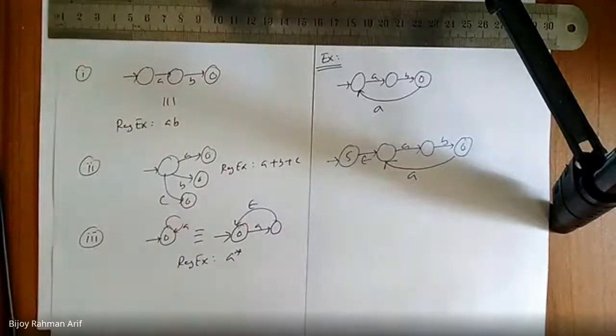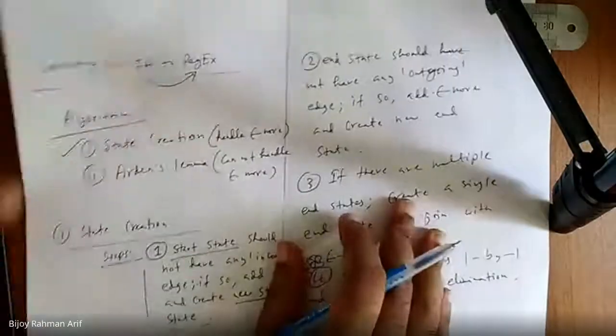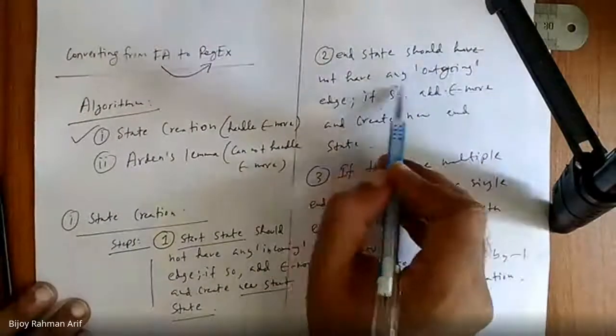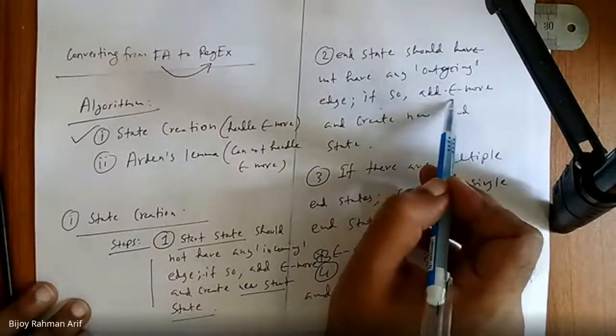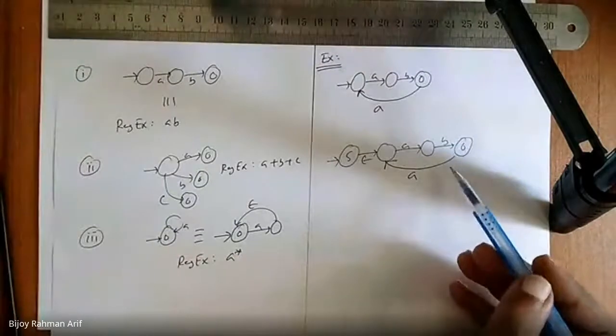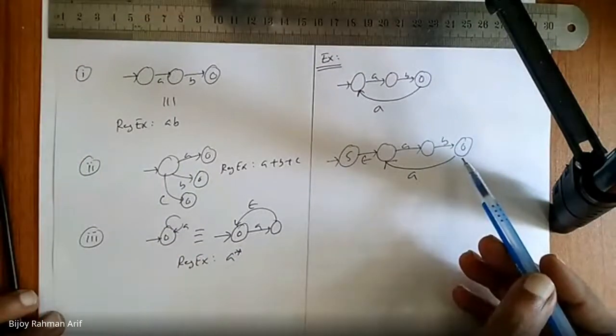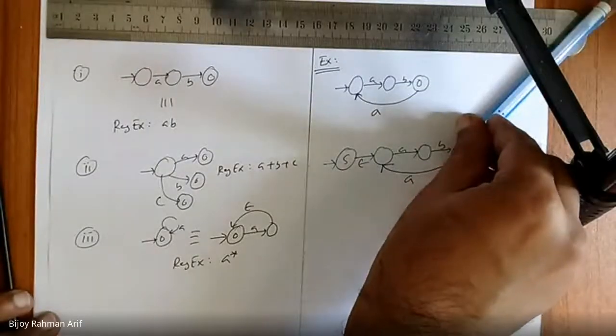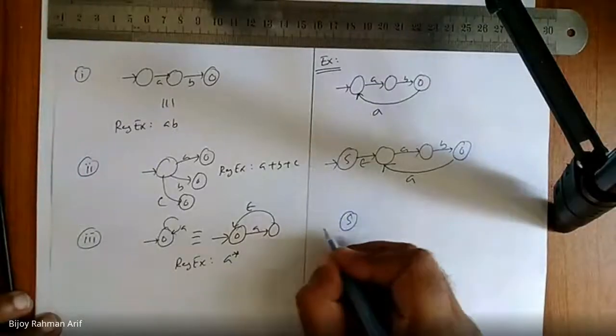Now, the end state should not have any outgoing edge. If so, add an epsilon move and create a new end state. Is there any outgoing edge in the final state? Yes, sir, this one. So we are going to do this.